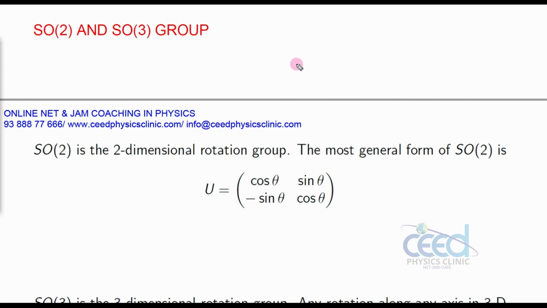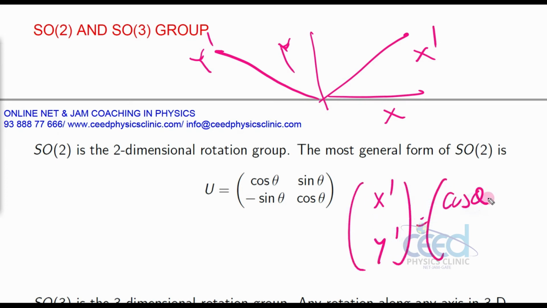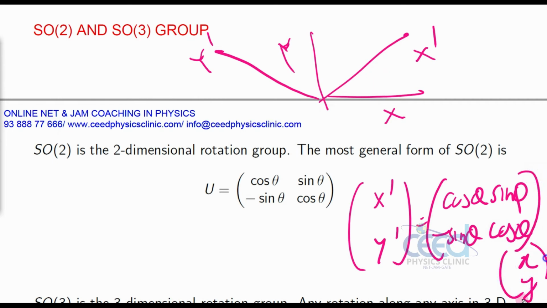So if this is x and this is y, and it rotates like this, the new coordinates x dash, y dash can be represented in terms of the rotation matrix like this. That we already studied in mathematical physics, right? Now this SO2 is the two-dimensional rotation group. SO3 is the three-dimensional rotation group.